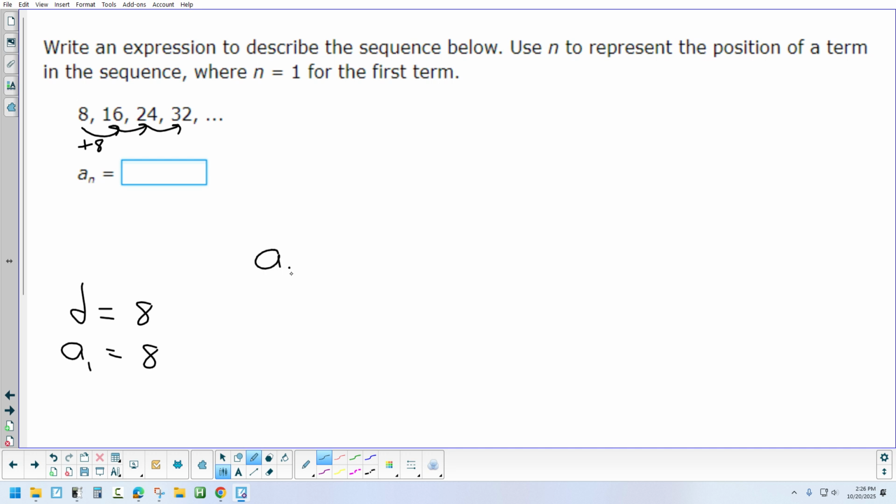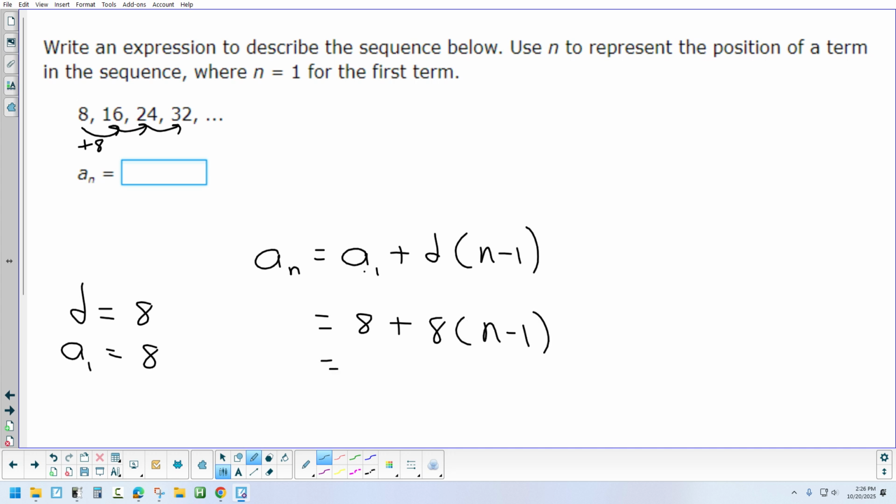And Micah, what's that formula we plug into? A sub n equals A1 plus D, parentheses n minus 1. That's the formula we got from our sheet. And what's A1? A1 is 8. And what's D? D's also 8. Same thing as last time.